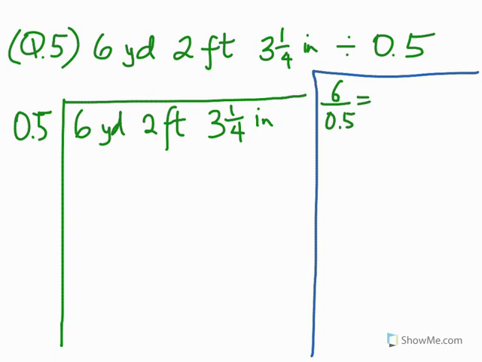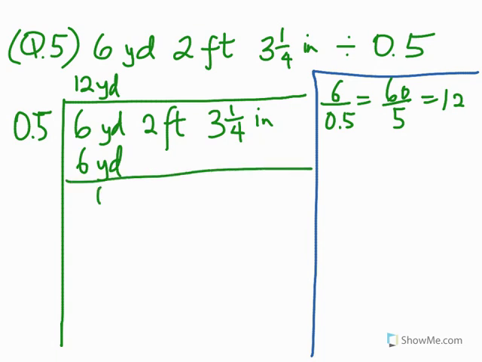So if we multiply the denominator by 10, we also multiply the numerator by 10. So this is 60 out of 5, which is 12. So this is 12 yards, and this times this is 6 yards. So we have 0 yard, and you bring down 2 feet.